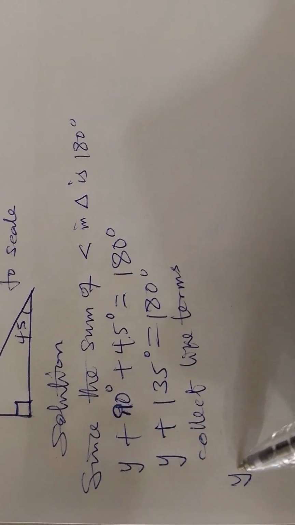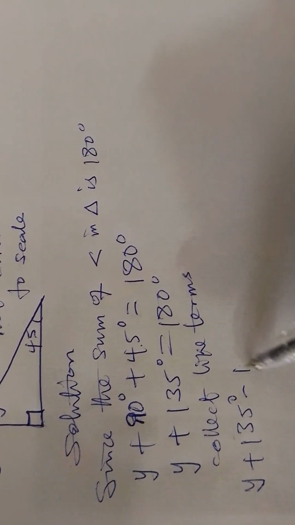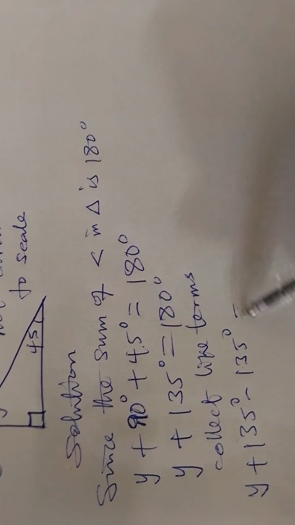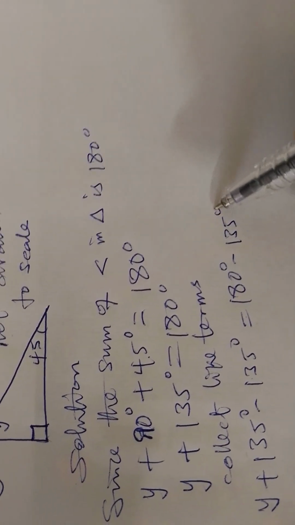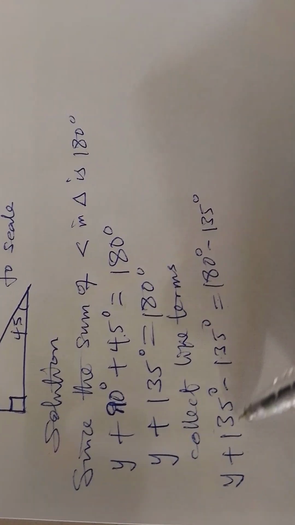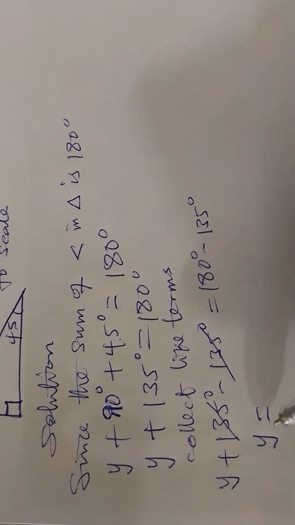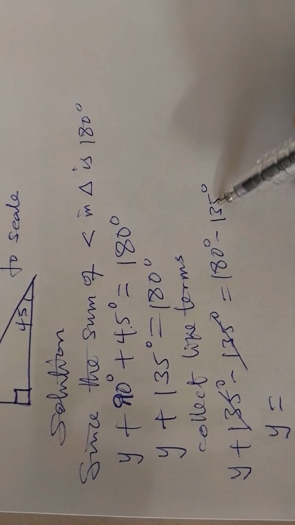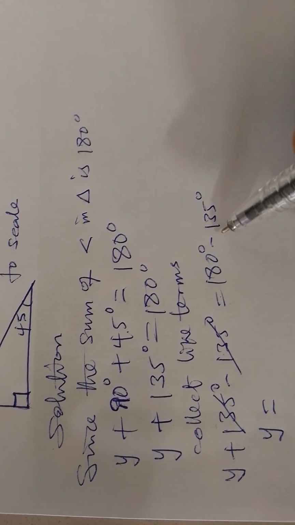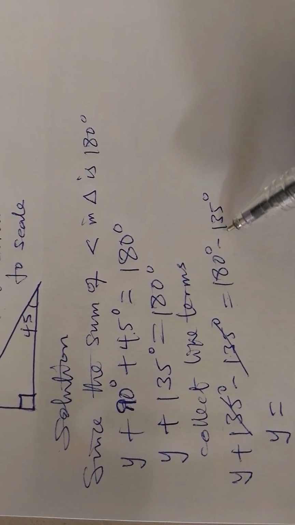If I'm using that subtract, that will be y plus 135 degrees minus 135 degrees is equal to 180 degrees minus 135 degrees. The main purpose is to remove 135 degrees from here so that y will be standing alone, and y will be equal to 180 degrees minus 135 degrees.